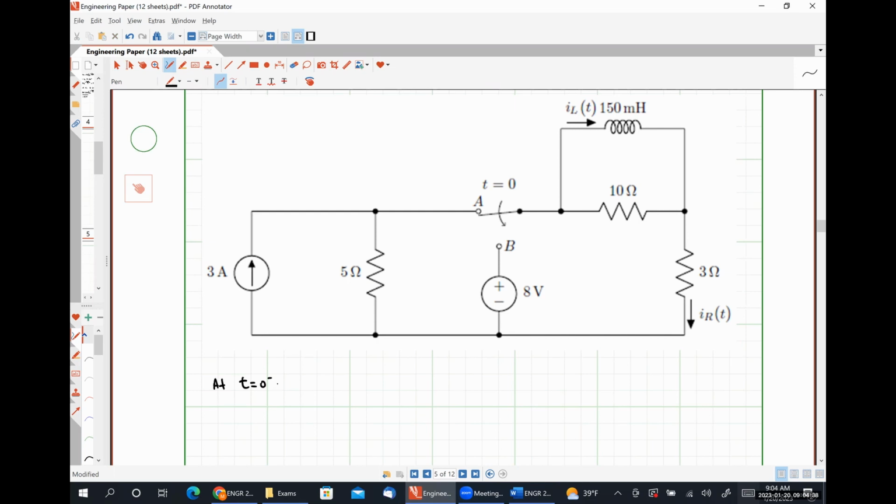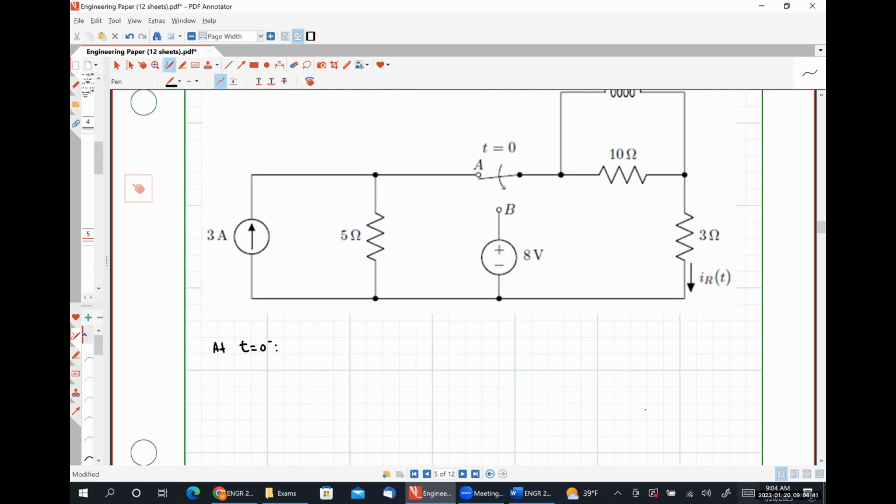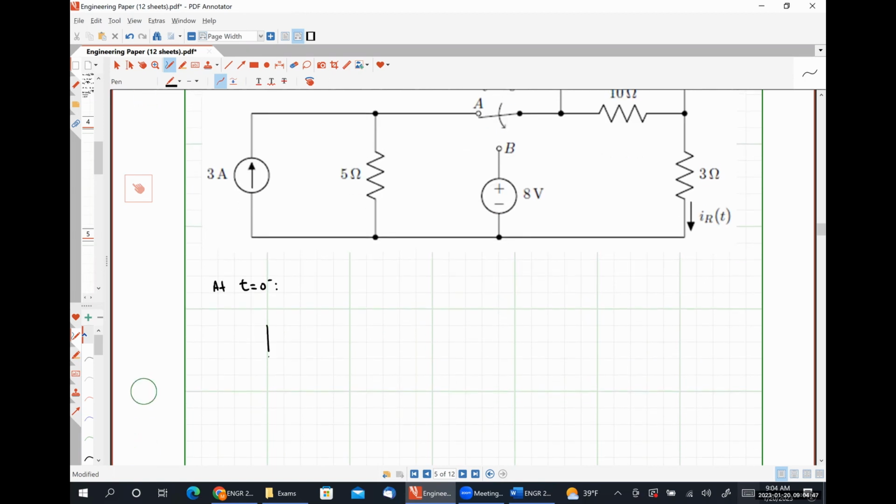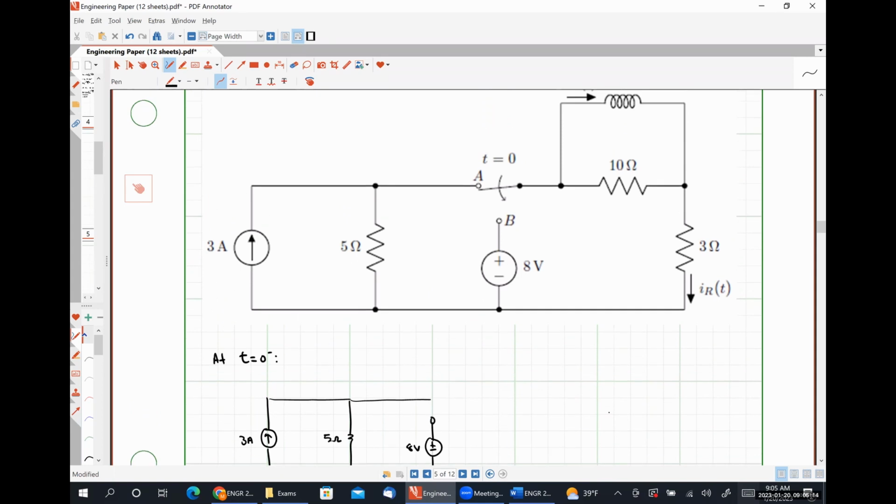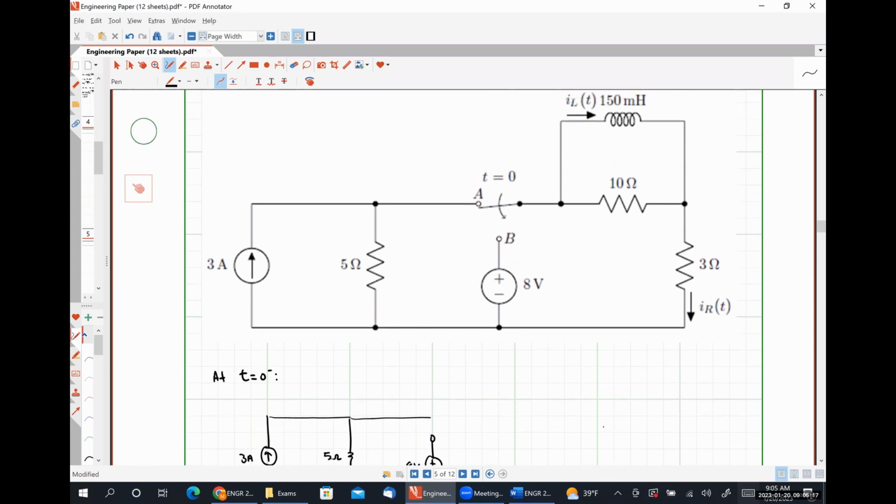At T is equal to 0 minus, what does this thing look like? Well, we have our 3 amp source connected in parallel to our 5 ohm resistor. Our switch is closed at position A. So effectively that means our 8-volt source here is just open circuited. It's not going to do anything, but I'm going to draw it for the sake of argument. And then over here, since we're at DC steady state at T is equal to 0 minus, our inductor is going to look like a short circuit.